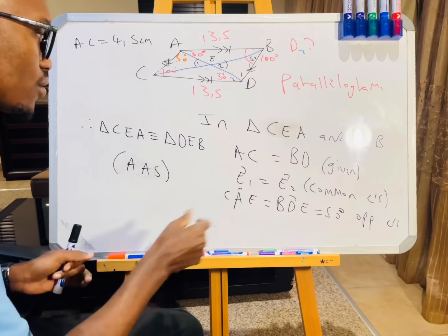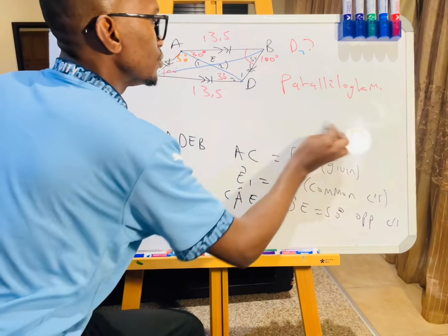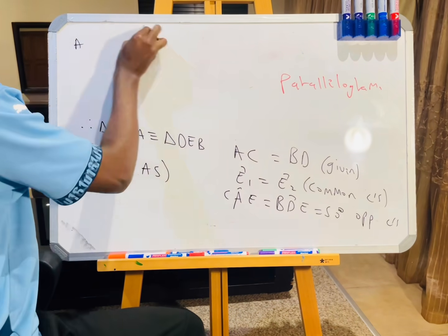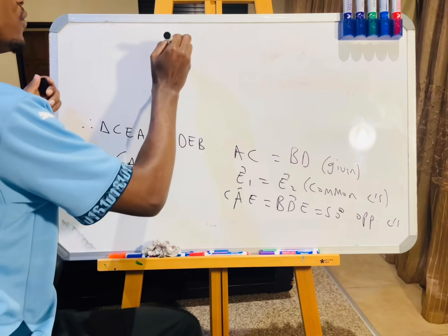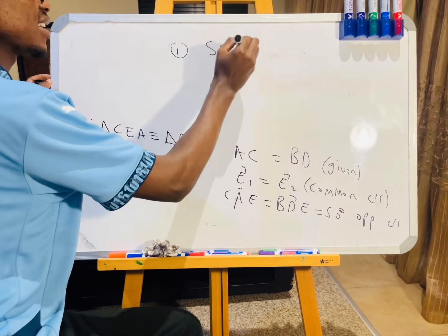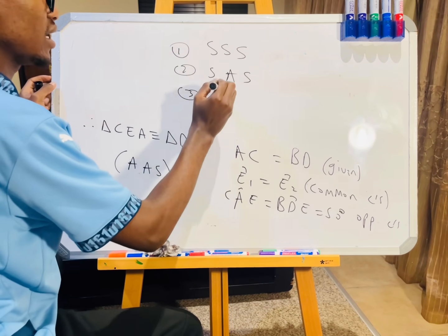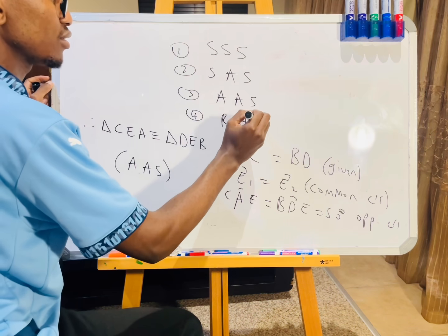So people who do not know, we have 4 cases of congruency, which I can quickly write for you guys. Since we are done here, allow me to show you. Number 1, the 4 cases of congruency: side, angle, angle, side. Number 4, right hypotenuse side.